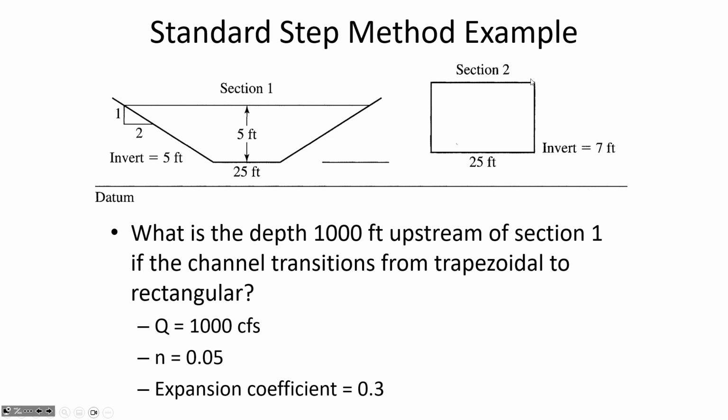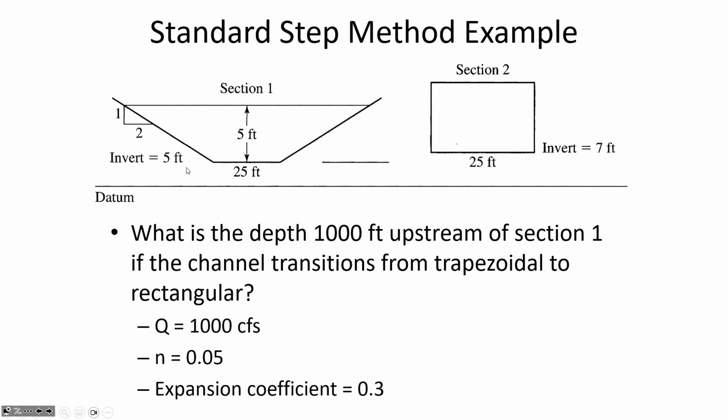For example, halfway, at a location 500 feet upstream, instead of 1 to 2 side slopes, it would be 1 to 1 side slopes, and then it's gradually becoming vertical. So it's going through this linear transition. And we want to find out how deep the water will be upstream at section 2.